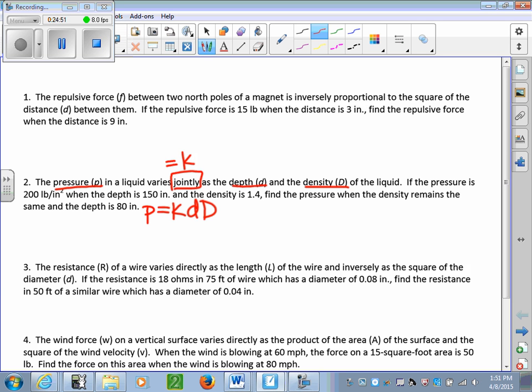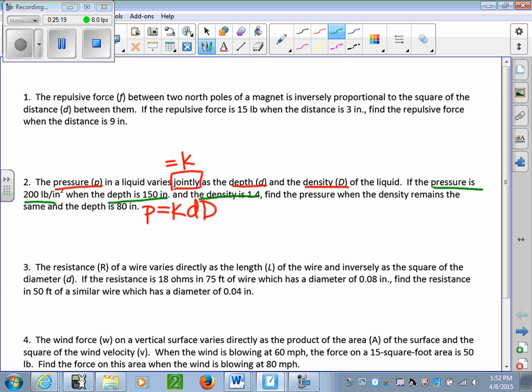Okay, let's continue on though. If the pressure is 200 pounds per inch squared, as I read these, I'm going to write down the information given to me. The next sentence gives me the information I need to solve for K, which is my constant of variation. So the pressure is 200 pounds per inch squared when the depth is 150 inches and the density is 1.4.